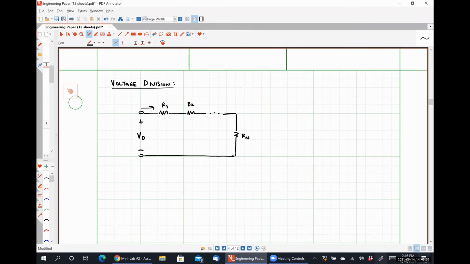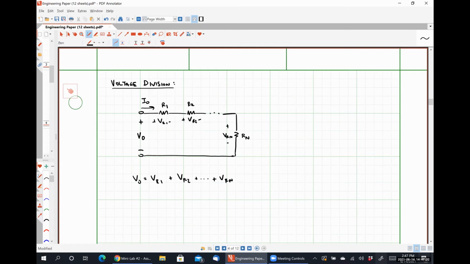I'm going to call I naught this guy right here. Let's call this voltage VR1, this voltage VR2, and this voltage VRN. So I could say that V naught is equal to VR1 plus VR2 plus VRN from Kirchhoff's voltage law.